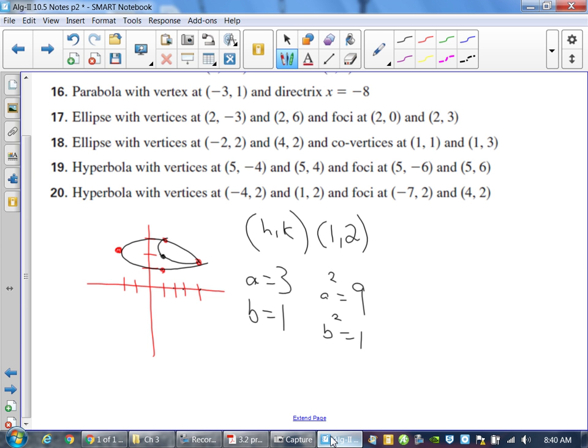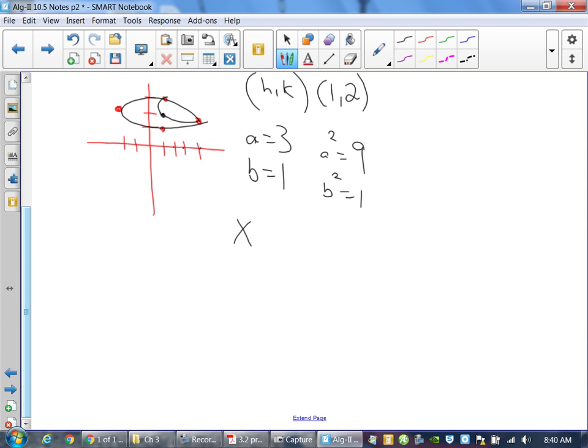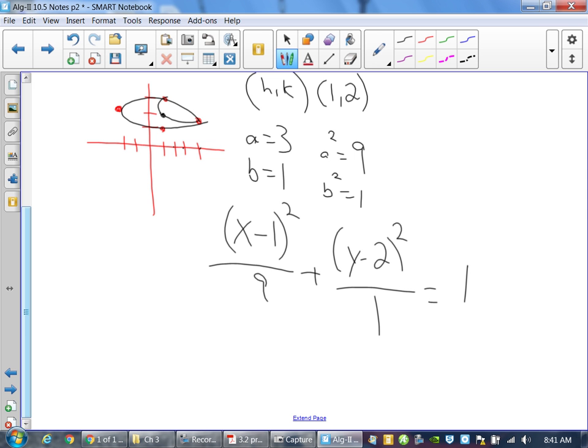I believe the A squared will be larger, underneath the X squared, to go left and right. Is that correct? So then I just write it out: X minus 1 quantity squared over 9 plus Y minus 2 quantity squared over 1 is 1. That's it.